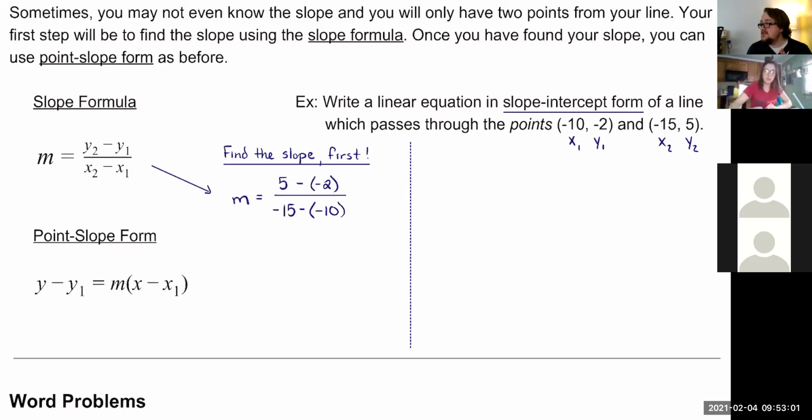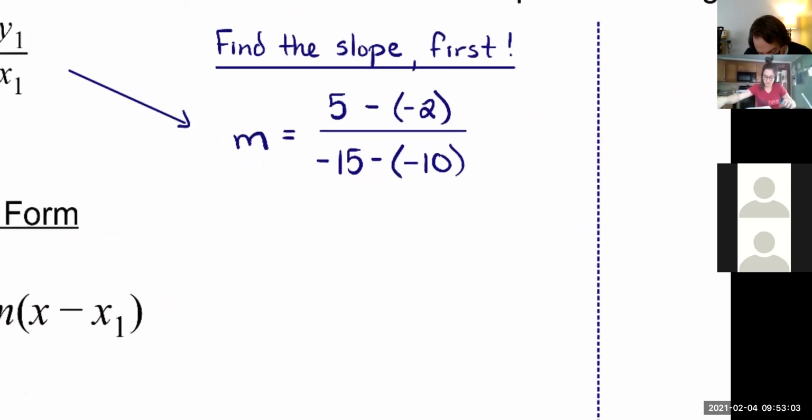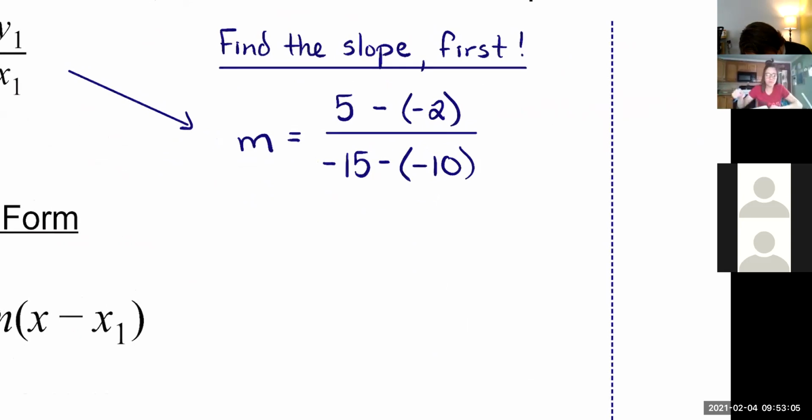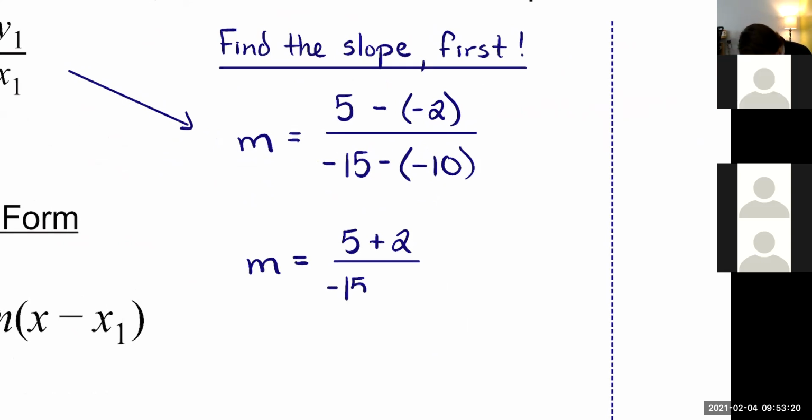So those double negatives, let's clean those up first before we worry too much more about what's going on here. So 5 minus a -2 on top is the same as 5 plus 2. -15 minus a -10 is the same as -15 plus 10.